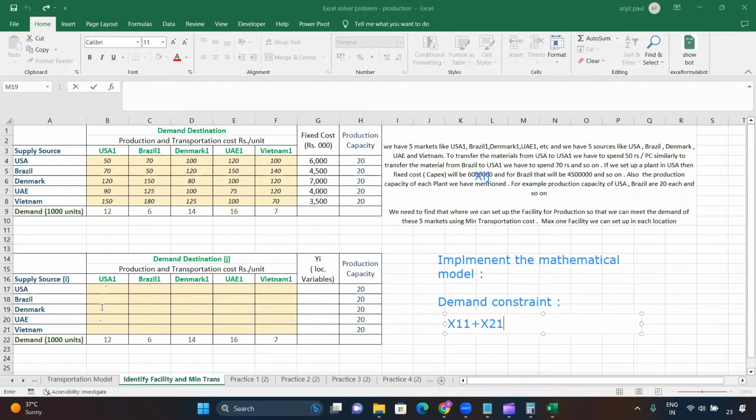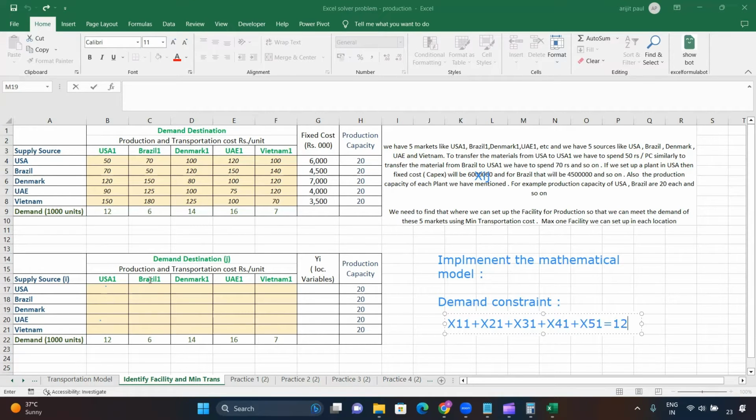That is why 21, plus X31, plus X41, plus X51, needs to be equal to 12, right? So this one we have implemented only for the USA market.